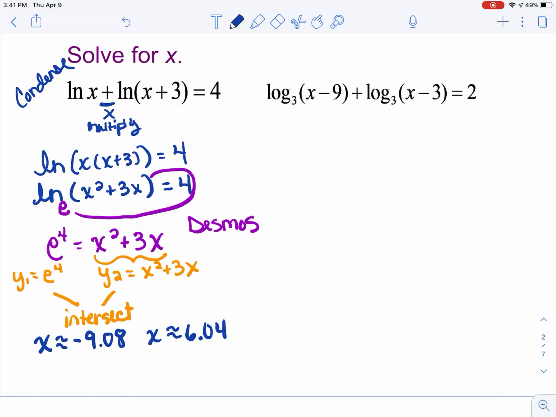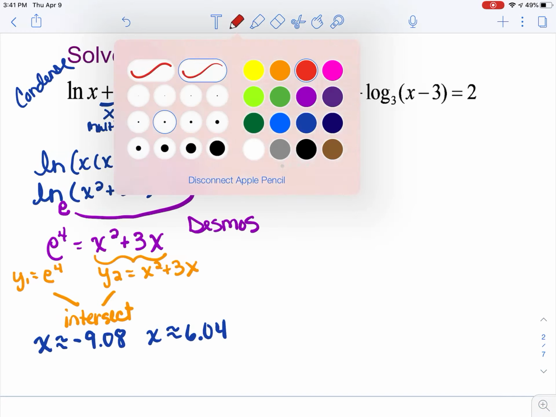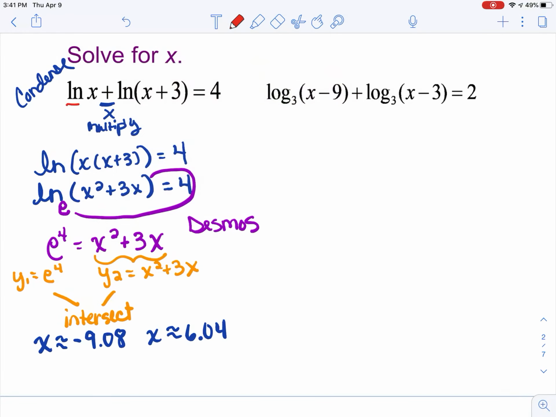Don't forget, we always need to check. So when I look back up at my first equation, I'm going to put my values in there. Can I have the natural log of a negative number? The answer is no. So if I put in a negative x value, can I take the natural log of negative 9.08? No, this is an extraneous solution.